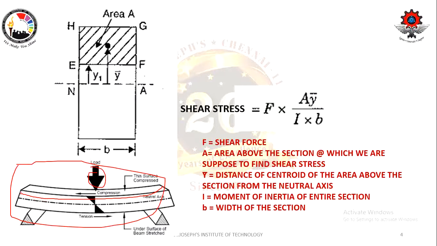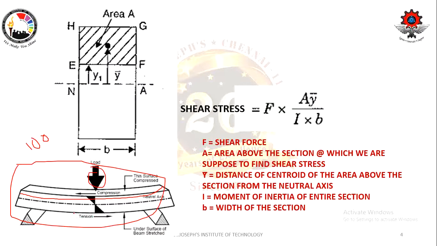Suppose the length of the beam is some 100 mm. When the load is acting downwards, as shown in this diagram, the top layer is going to get compressed and the bottom layer is going to get expanded, that is, it is coming under tension.